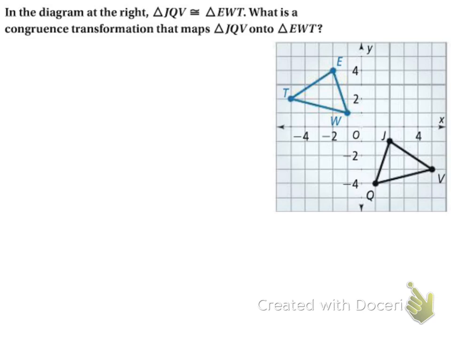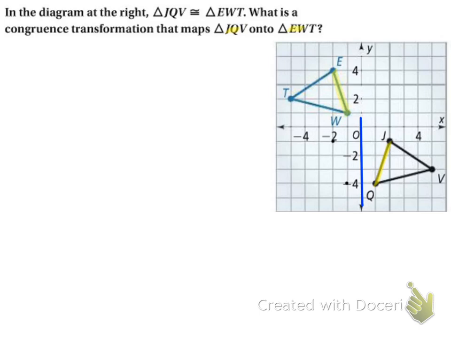And then last two, with this second to last one, I want to move JQV onto EWT. So I want to go from this one to this one, JQ to EW. Again, the first 2 letters onto each other. And so what I want to do is, first thing, that y-axis is kind of hard to see, but I'll do a reflection over my y-axis.